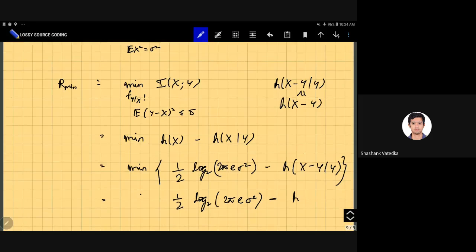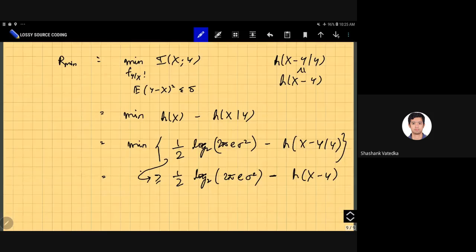So overall, this is greater than or equal to half log 2 pi e sigma square minus h of x minus y. All right. Okay.